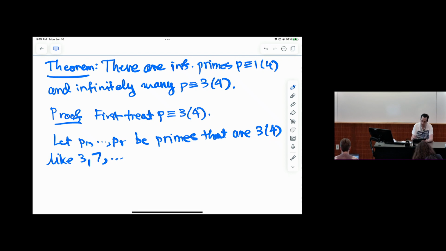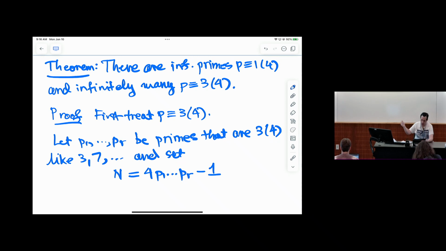And then what we're going to do with this list of primes is form a new number. So in Euclid's proof, what do you do with your list of primes to create a new number? You multiply and add 1. So what we're going to do here is multiply them together with 4 and subtract 1.